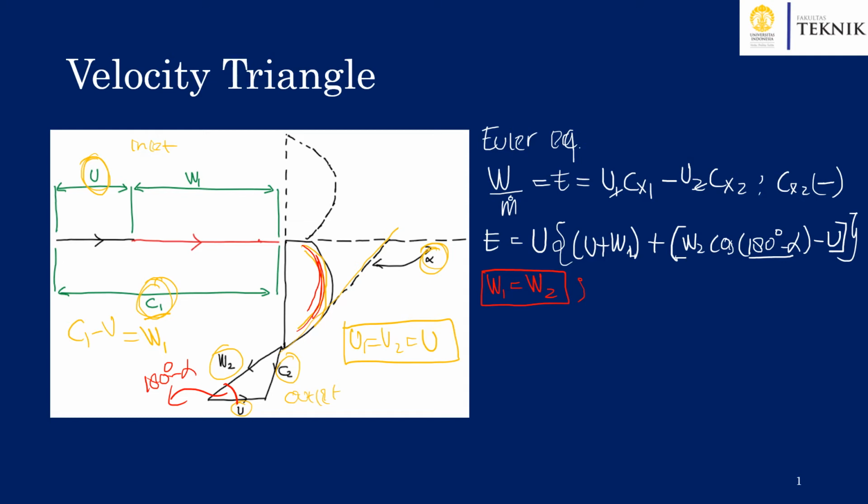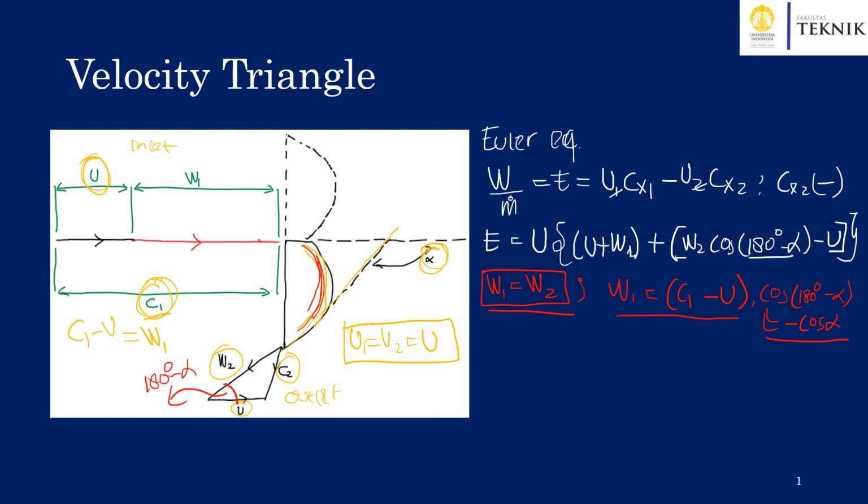Another thing that we can assume, based on the first assumption, is that W1 is equal to C1 minus U, and also cosine of 180 degrees minus alpha is equal to minus cosine alpha.